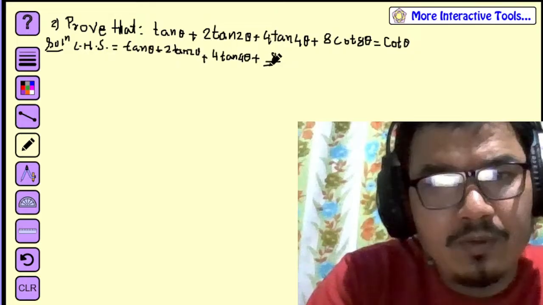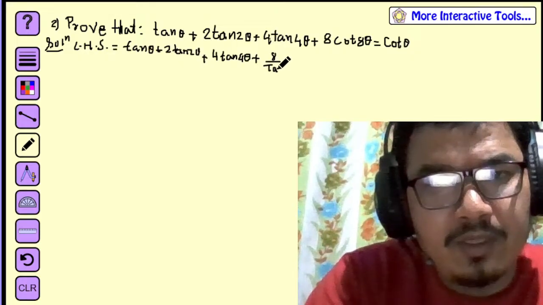We can convert cot 8 theta into 1 upon tan 8 theta, the reciprocal relation of cot.